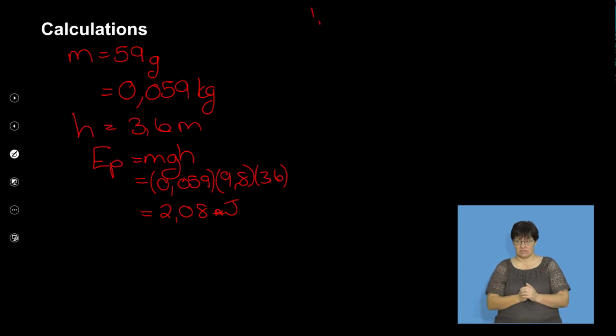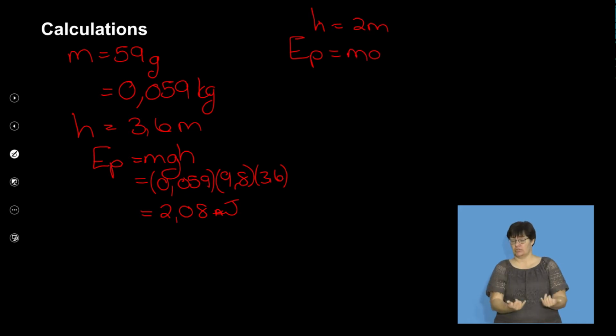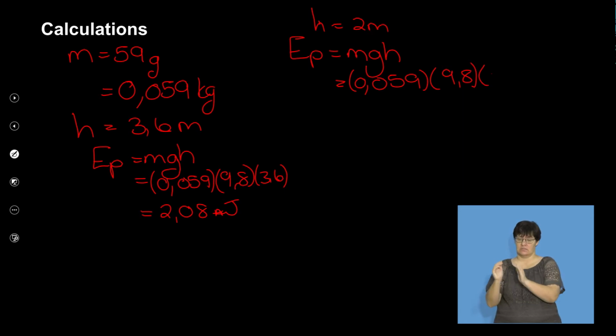So if I now change this height to 2 meters, we now need to say to ourselves, well, will the potential energy change? Height has changed. So what the potential now becomes, mgh, 0.059, we've got 9.8 times 2 this time.